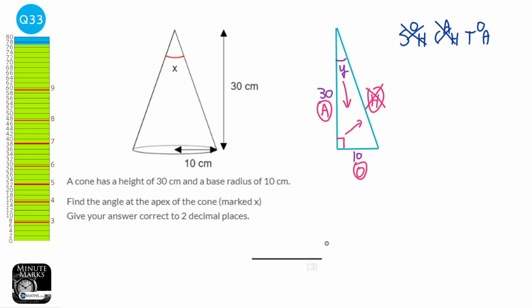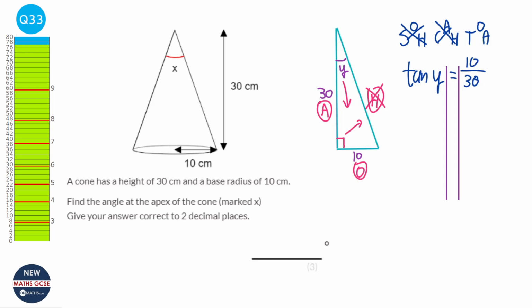We're using the TOA, and that stands for tan of the angle, which in this case is y, equals the opposite, which is 10, over the adjacent, which is 30. So we're going to have to solve this.